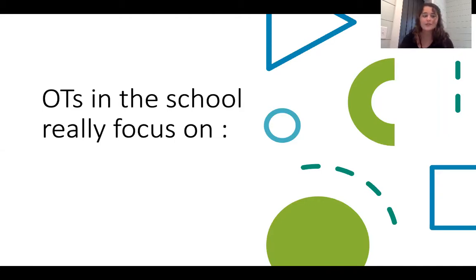Some examples of this could be an extra weight on a pencil, or an additional grippy on a pencil for handwriting, or going to the cafeteria and working on how we can help carry a tray. That will promote social participation because the student will have someone helping them, as well as giving them that independence that they so need. Another thing would be modified seating.